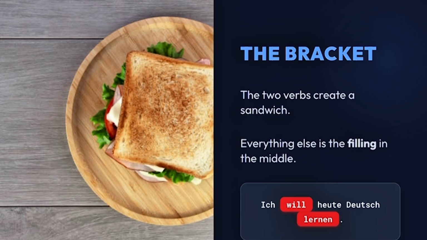The verb to want something, will, we always have to put after the subject: ich, du, sie, wir. And then we put our other words, for example, today, place, Deutsch, object. Lernen at the very end. It's a verb that stays in the same position when we have the second helping verb.